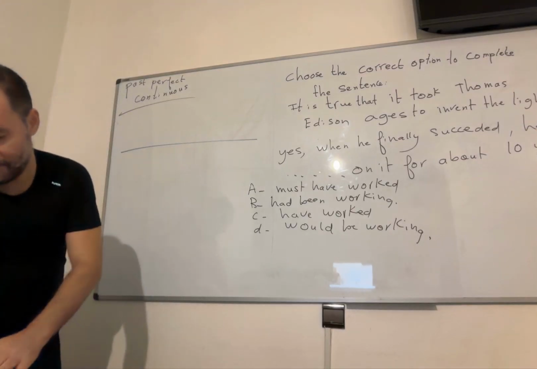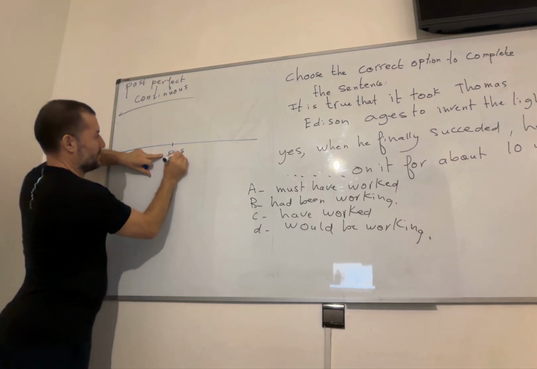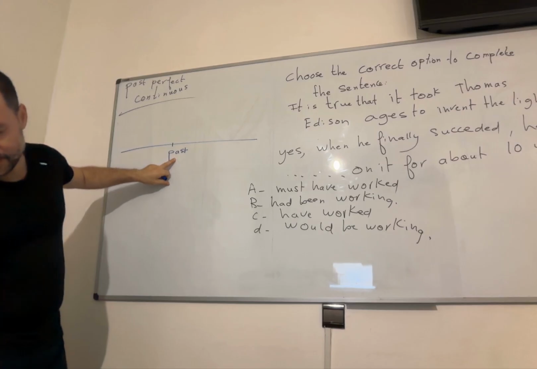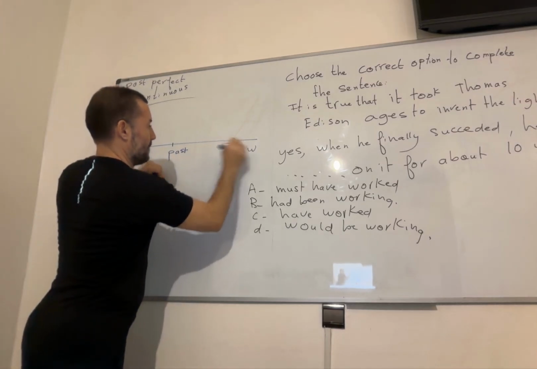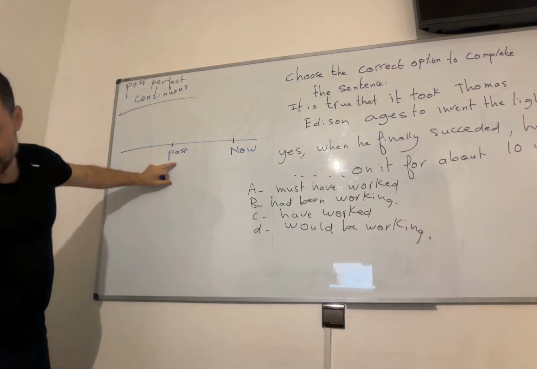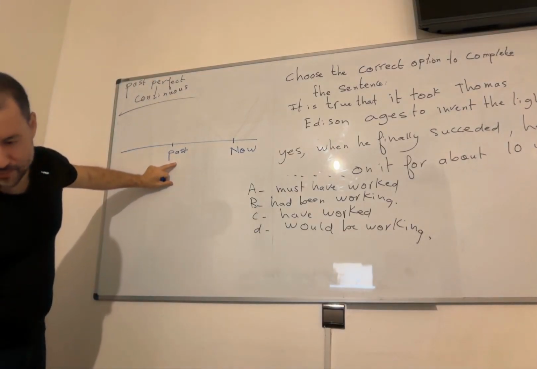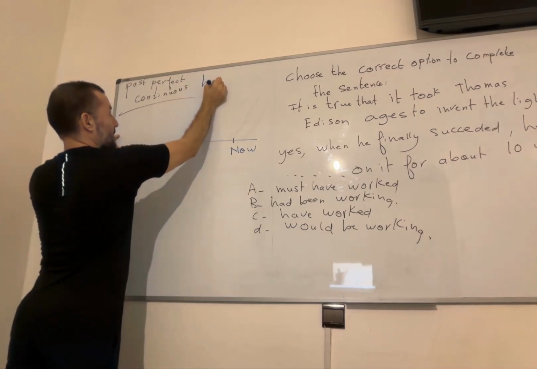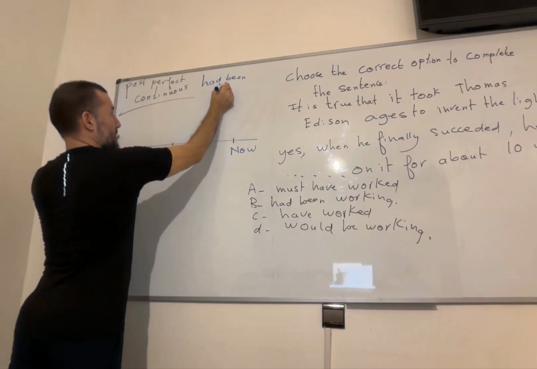Here we have the past, and we are here now. The past perfect continuous is: I had been doing.